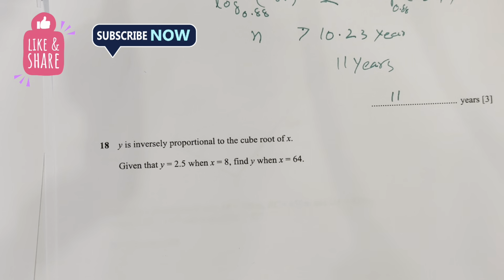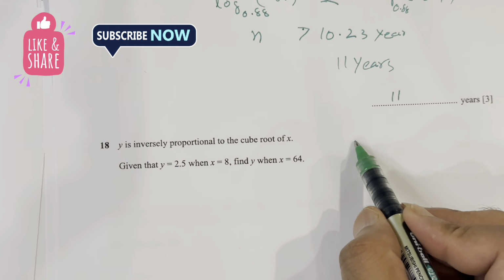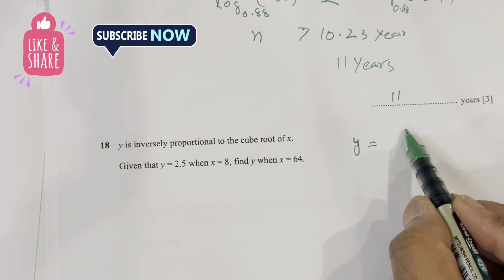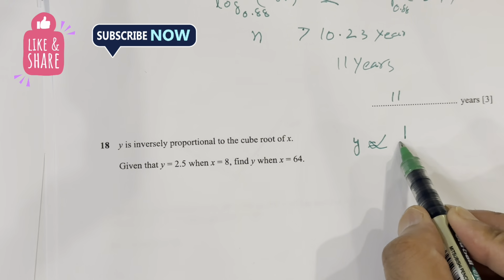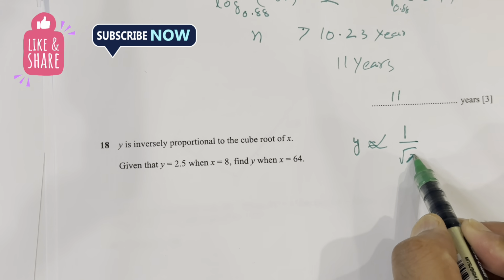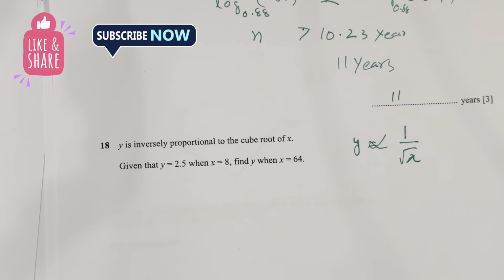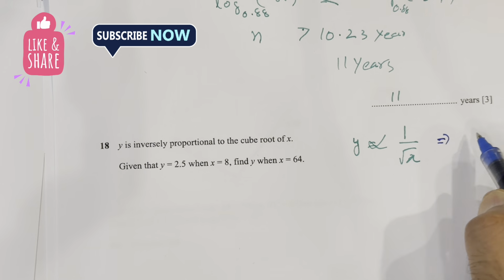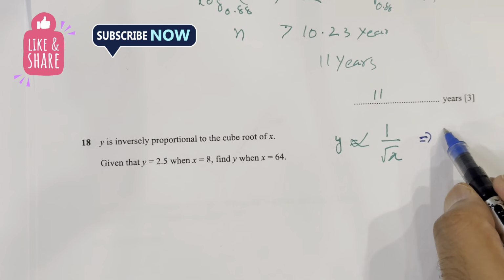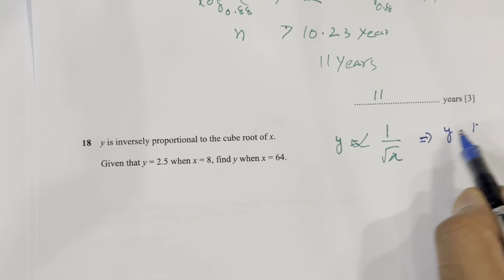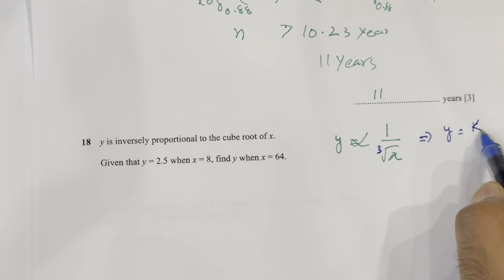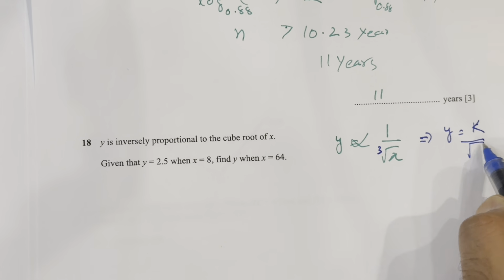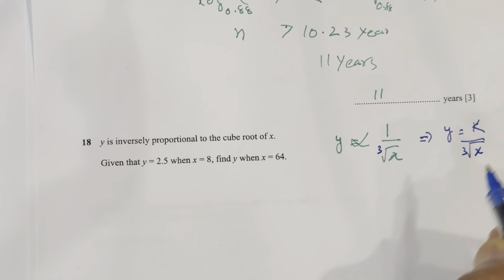Y is inversely proportional to the cube root of x. So Y is equal to k over cube root of x.